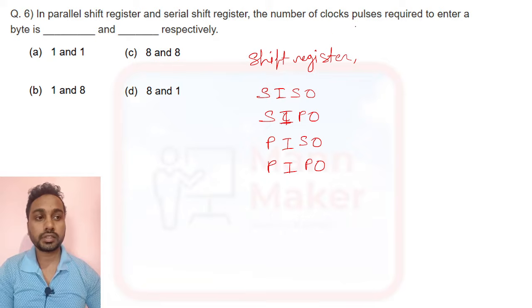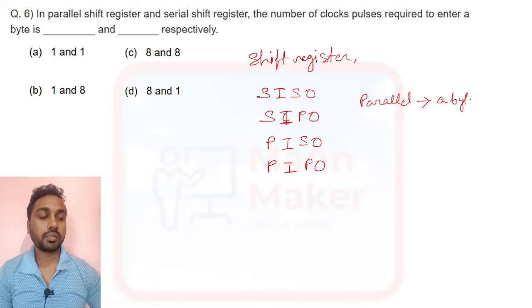In a parallel shift register, we talk about the number of clock pulses first. Here they have asked about a byte, and one byte is equal to 8 bits. For 8 bits we need only one clock pulse in a parallel circuit.